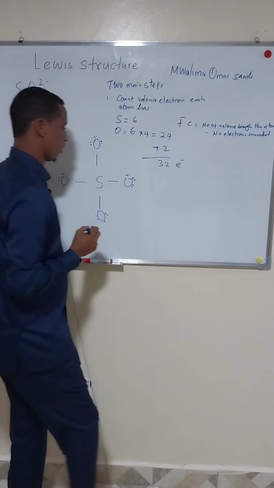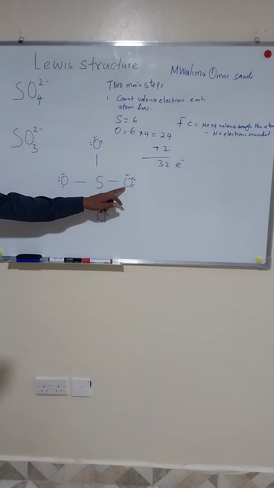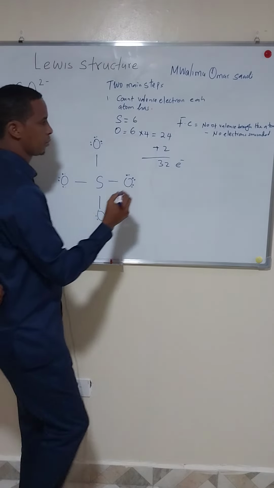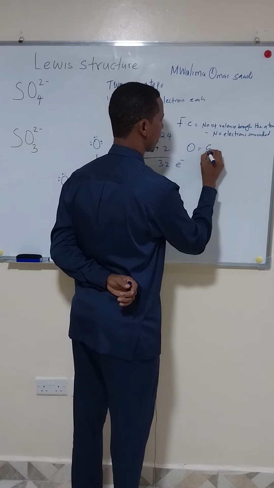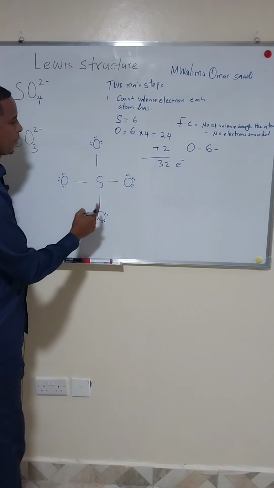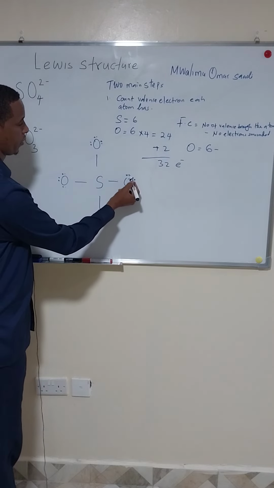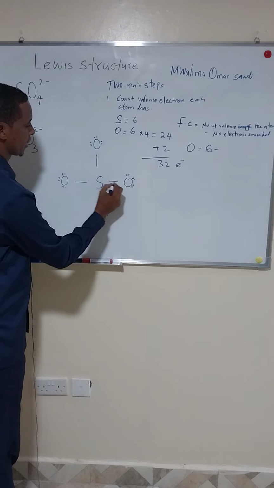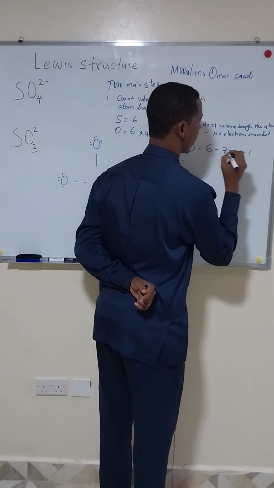So for us to get the formal charge of oxygen, oxygen brought 6 electrons minus surrounded by 1, 2, 3, 4, 5, 6. Then this one you count half, 7. 6 minus 7, that is -1.